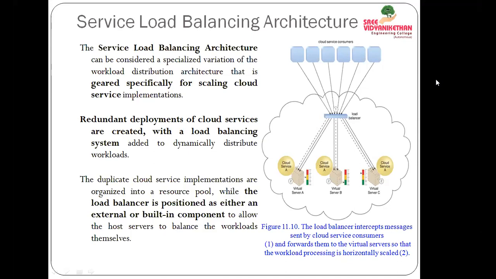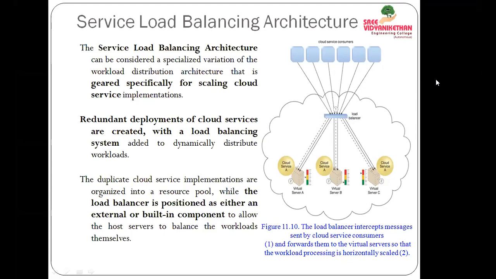So the moment you observe that server A is turning red in terms of performance, the load balancer starts diverting the load to the next instance, and again, in this instance, there will be a scale to measure the performance of the server.